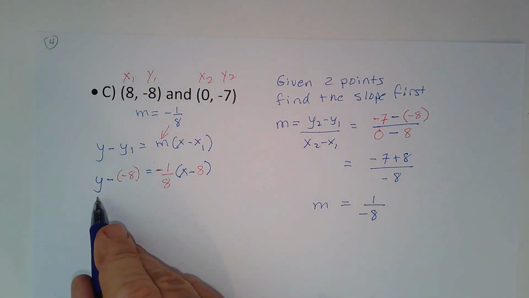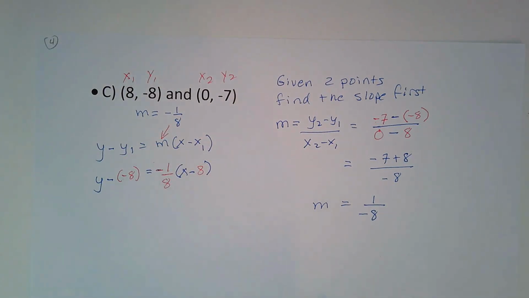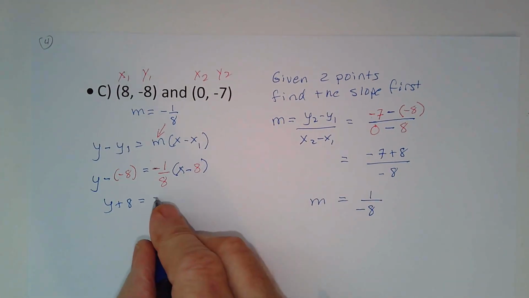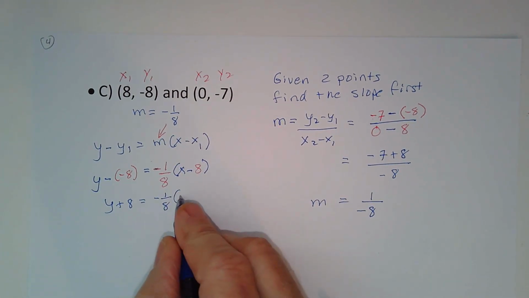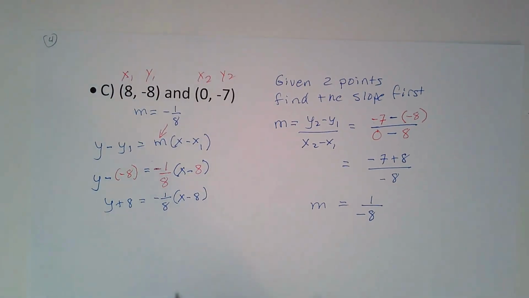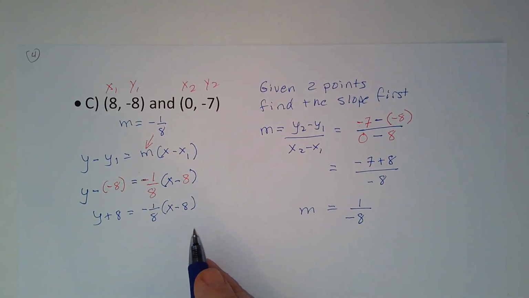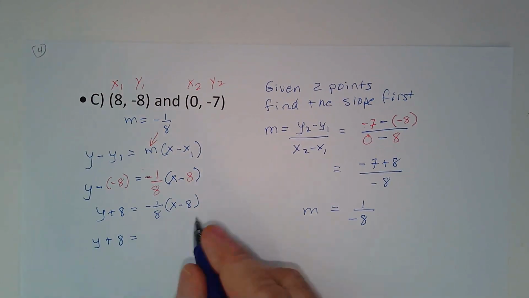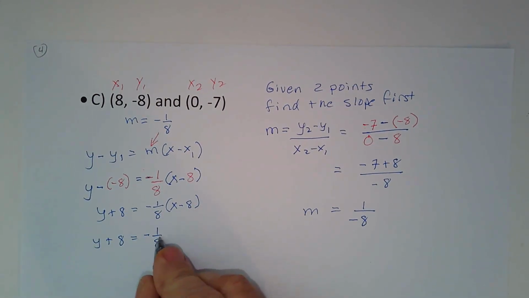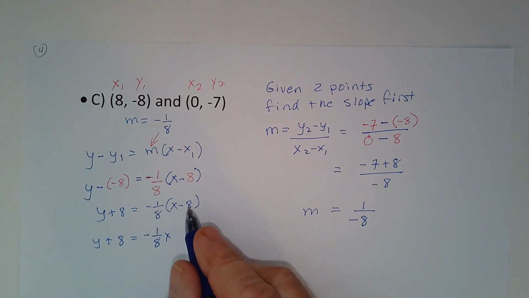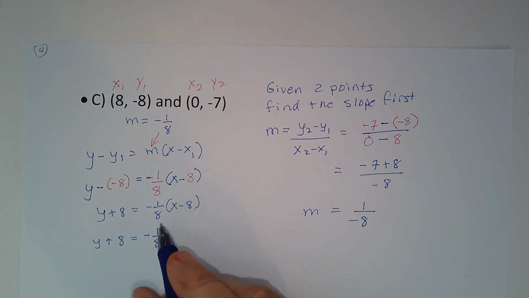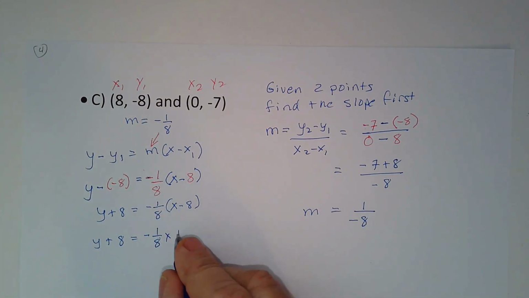Now when we simplify it, y minus negative 8 is y plus 8. And then you have negative 1/8 times x minus 8. Now we're going to distribute the negative 1/8 to the x and the negative 8. So I'm going to write y plus 8 equals negative 1/8x, and then negative 8 over 1 times negative 1 over 8, negative times a negative is positive 1 over 1 or 1.